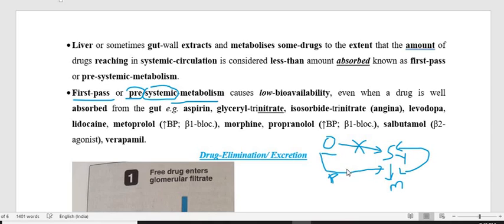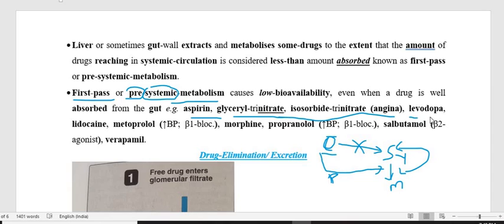So what will happen when you are administering a drug like aspirin, a non-steroidal anti-inflammatory drug, or an antianginal drug like glyceryl trinitrate or isosorbide trinitrate, used in angina?